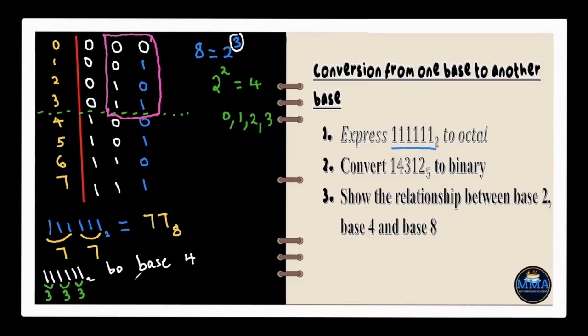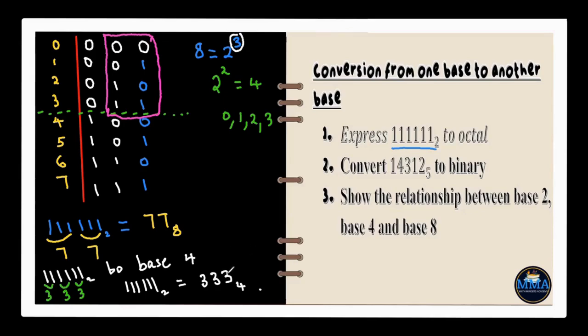So what it means, therefore, is that if we convert 111111 base 2 to a number in base 4, it will give us 333 base 4. Now the question is, how true is this answer?